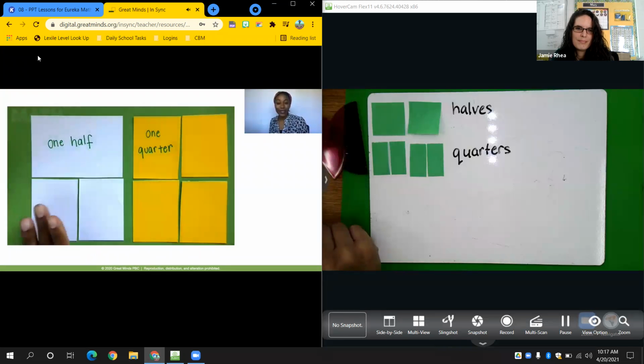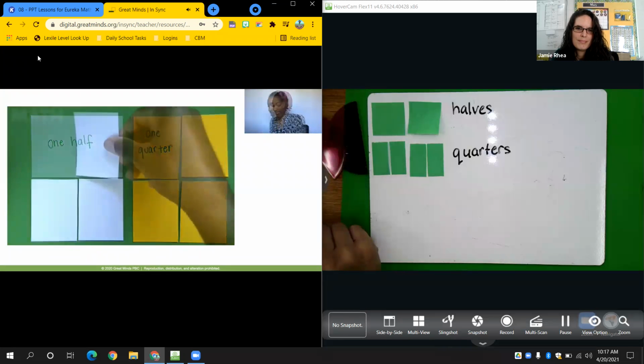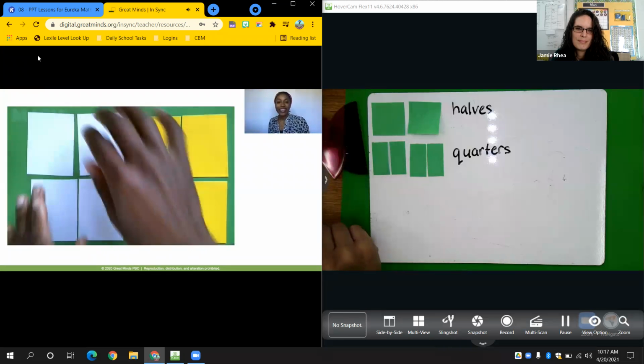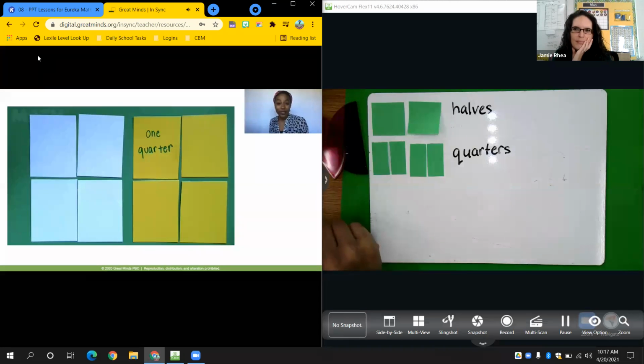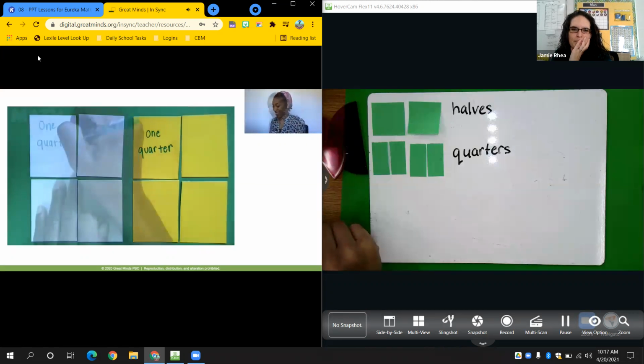That's why it got smaller, because I split it again. When I cut more, the pieces got smaller and smaller. Now I have 1/4 again, and that's a smaller piece than 1/2.